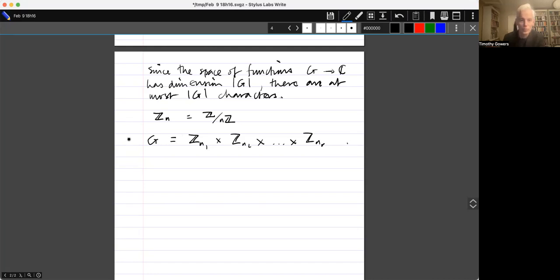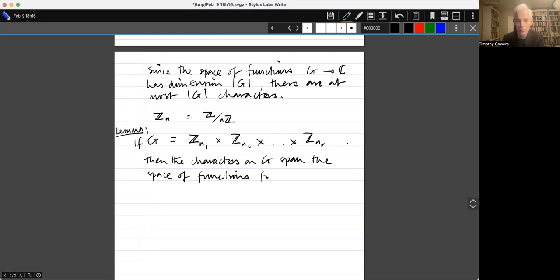Under that assumption, which I'll call a lemma, if G is this thing here, then the characters on G span the space of functions from G to C.